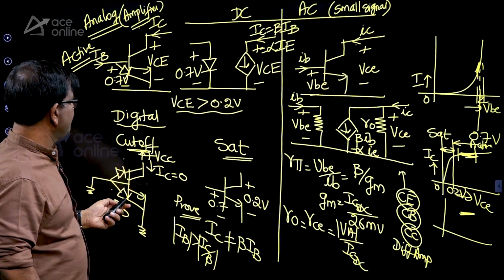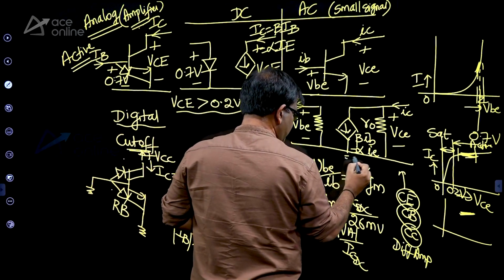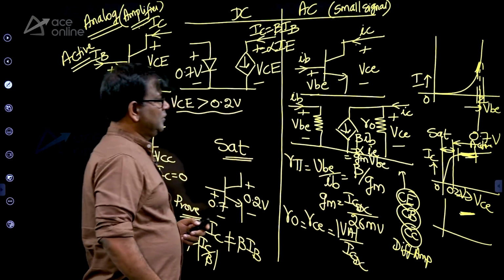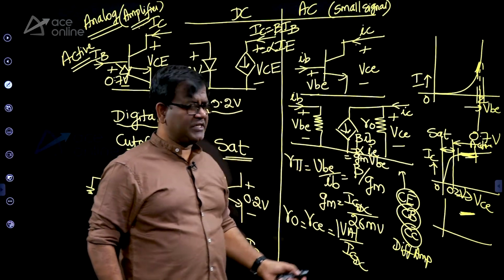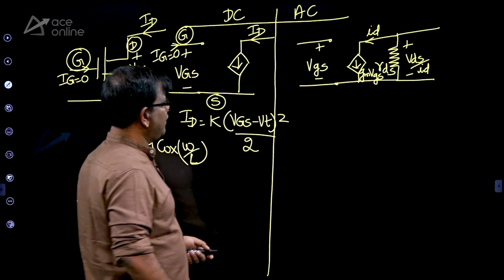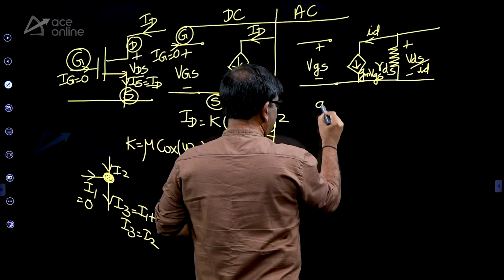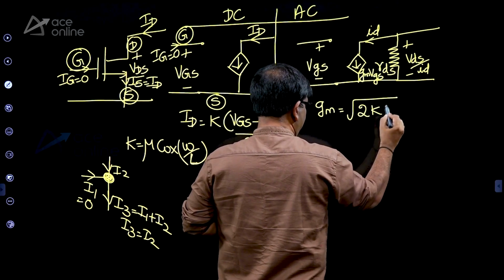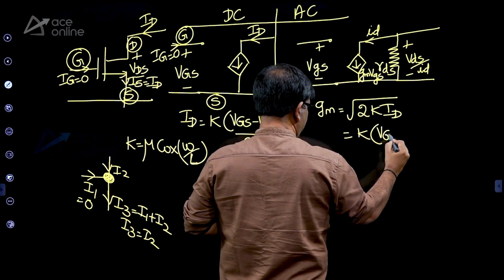In BJT, your IC is going to be GM times VB or beta IB. Anything you can take: beta IB or alpha IE or GM VB. There's an option for you, right? But here ID you can take GM VGS. And what is GM? GM is going to be root 2K into ID or K times of VGS minus VT.